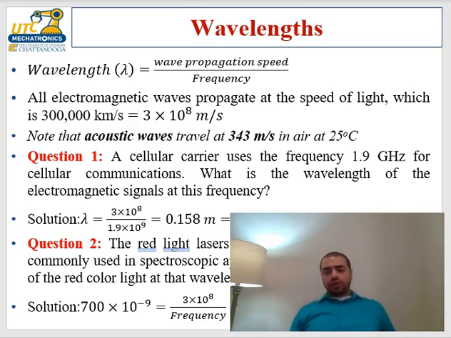So it's a few hundreds of terahertz, 428 terahertz. It's very important to know the relationship between wavelength and frequency, and to know the speed of light and the speed of sound in air at 25 degrees.